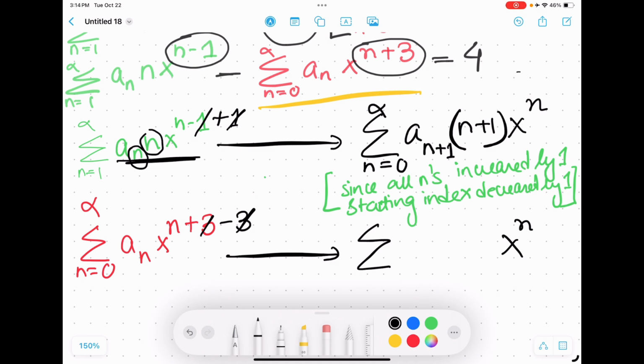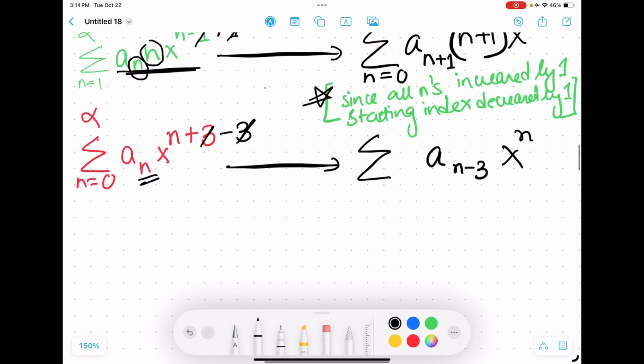So since I've subtracted 3 from the power of x, which involved an n, that means all my other n's also decrease by 3. So that means my other n, which is this a sub n, also decreases by 3. Now, remember what we said in this statement right here? That since all my n's have increased by 1, the starting index decreased by 1.